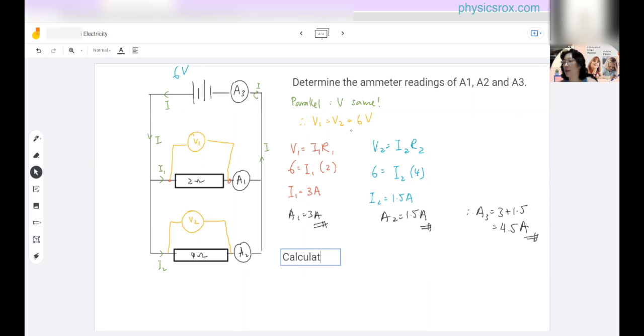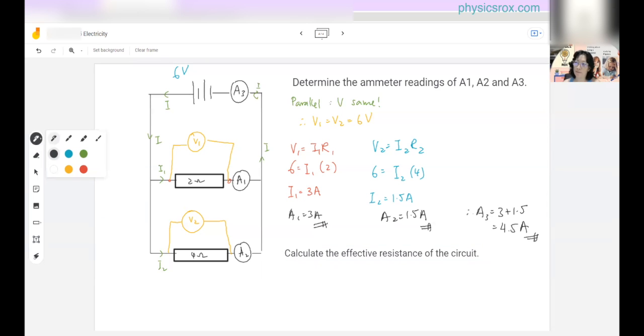Let's say they ask you to calculate the effective resistance of the circuit. Because this is a parallel circuit, series is very straightforward, you just add together, but this is parallel. Your book says resistance multiplied divided by resistance added.